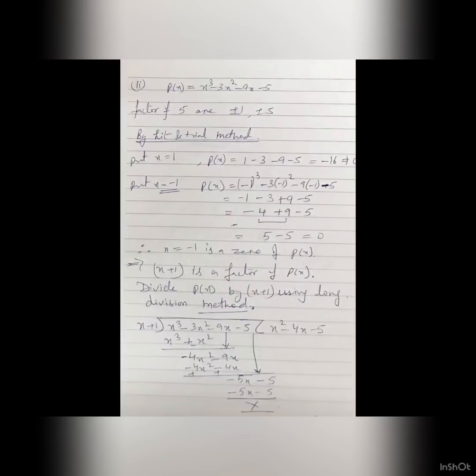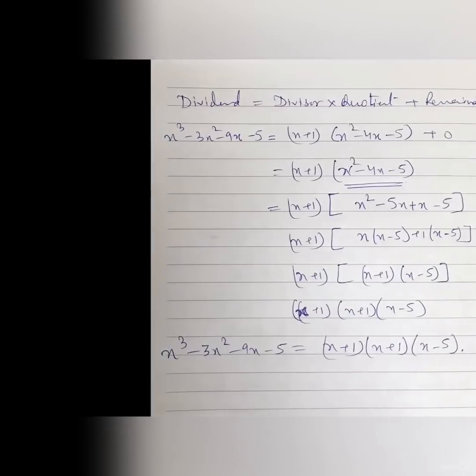X plus 1 is a factor of px and px is a cubic polynomial. So let us divide px by x plus 1 using long division method. When I divide px, that is x cube minus 3x square minus 9x minus 5 by x plus 1 using long division method, here the quotient is x square minus 4x minus 5 and remainder is 0.